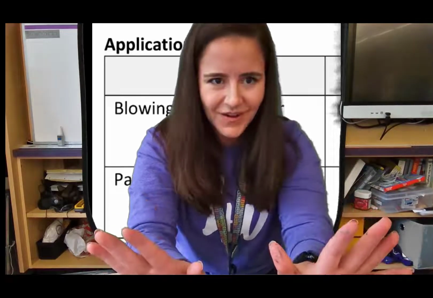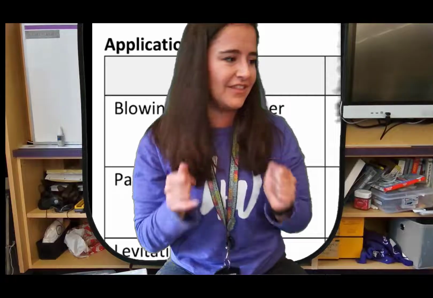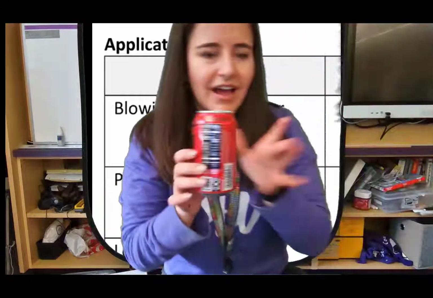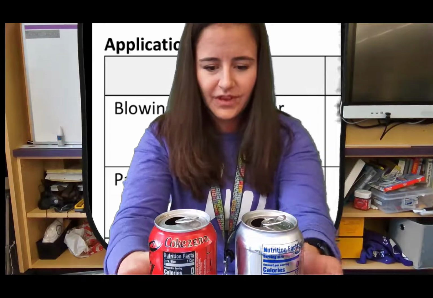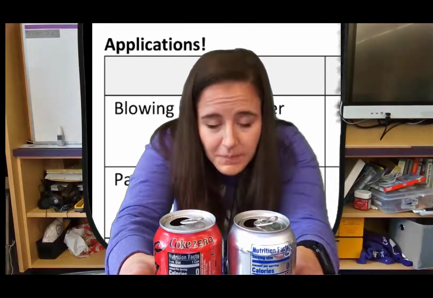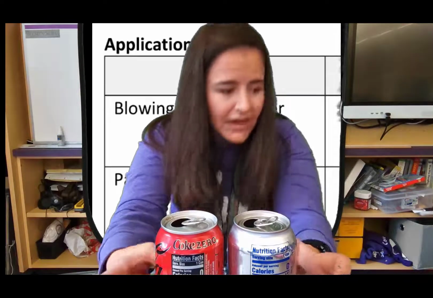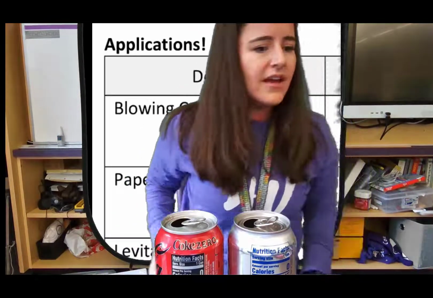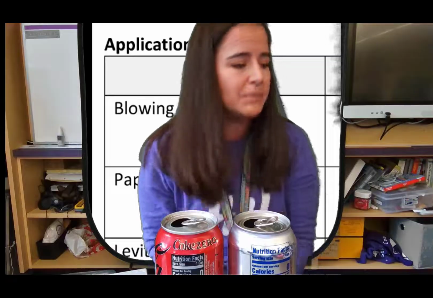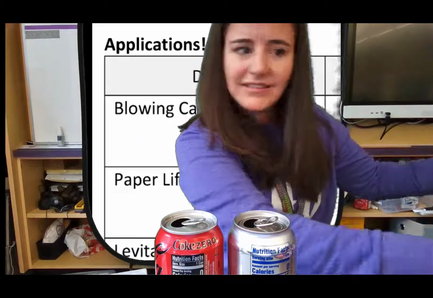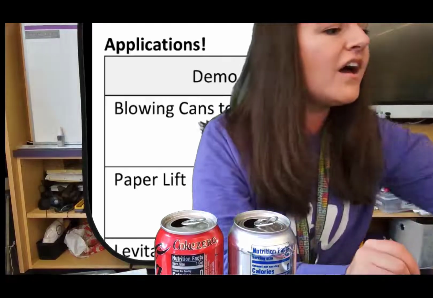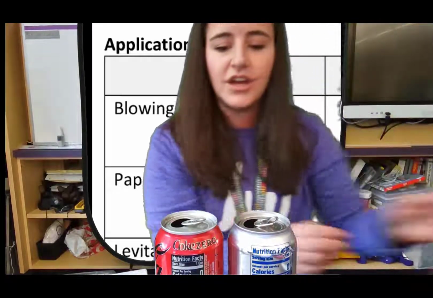Now, let's go ahead and look at some demos. We're going to start with the blowing cans together demo. Here, I have 2 empty soda cans right in front of me. I'm going to get them pretty close, but not touching. And then I'm going to blow air in between them. Your first instinct might be to think that they are going to go apart.